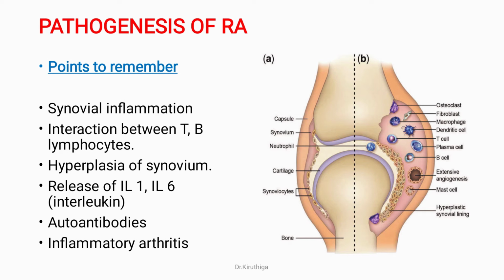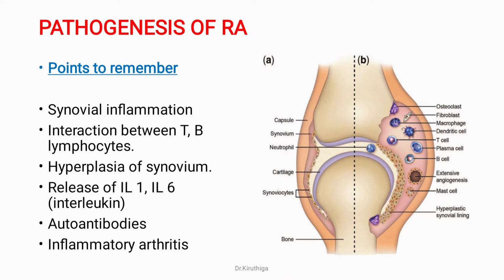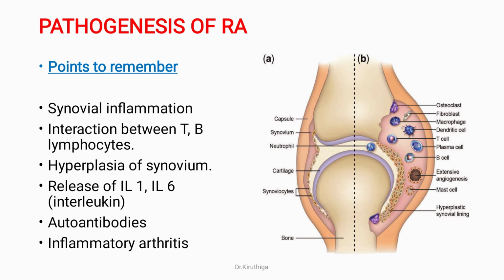So there is hyperplasia of the synovium and release of interleukin 1 and 6, and it is an inflammatory arthritis. The word inflammatory arthritis helps us write about the clinical features of this arthritis, because we have cardinal signs of inflammation which are also present in rheumatoid arthritis. Clinical features.